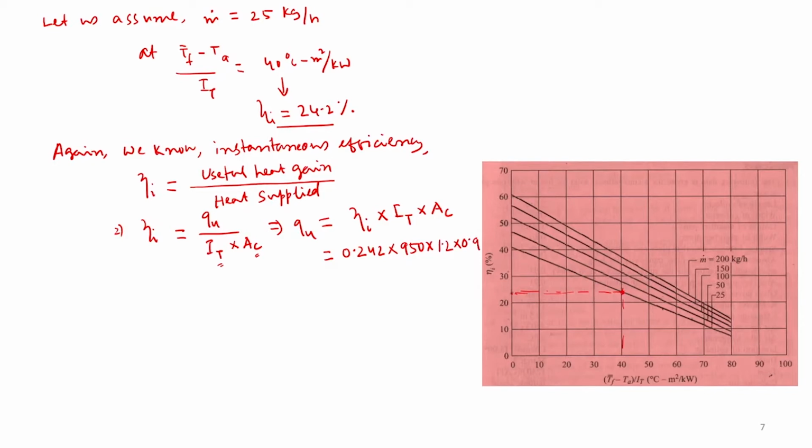If we do the calculation, then QU is found to be about 248.3 watt. This is at a mass flow rate of 25 kg per hour.